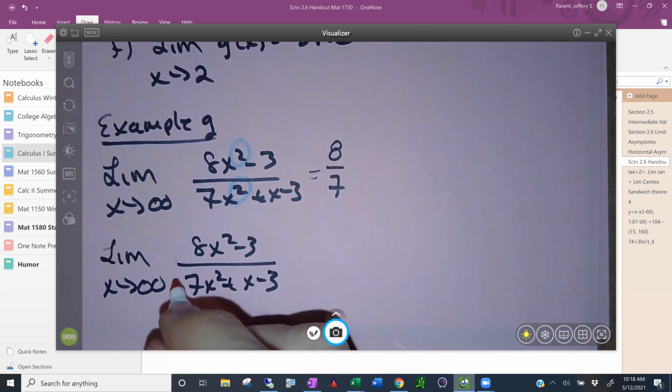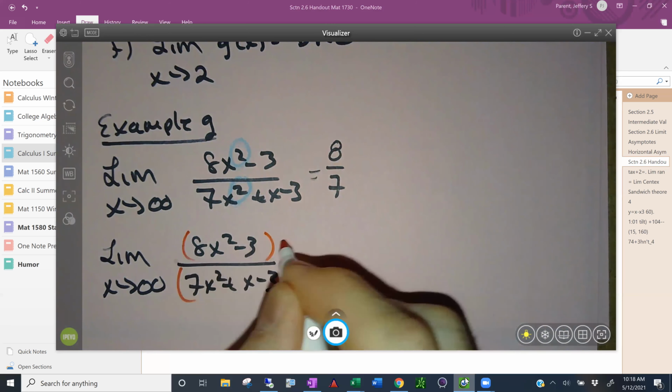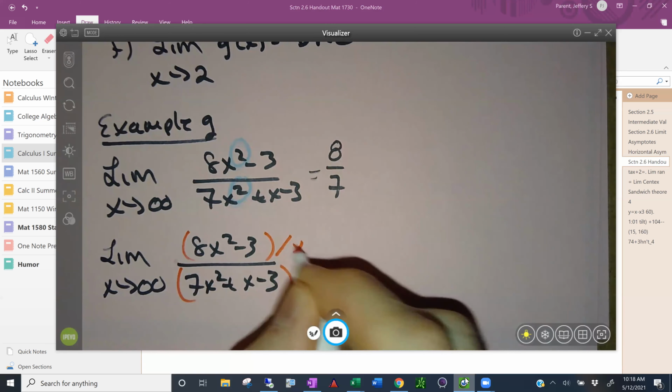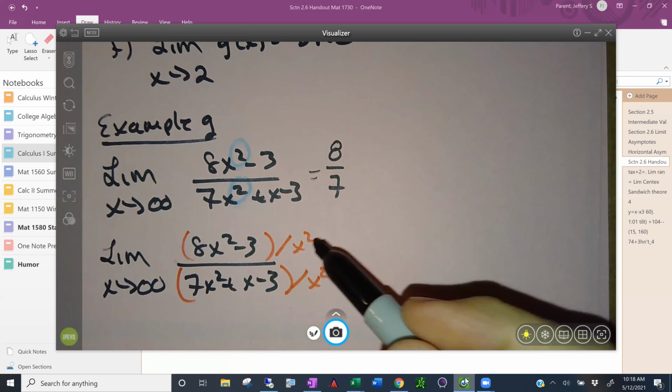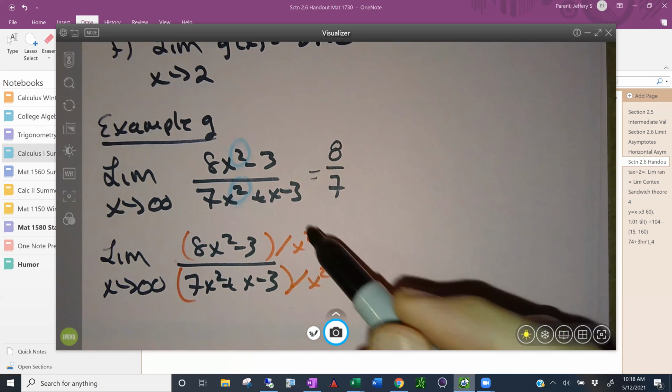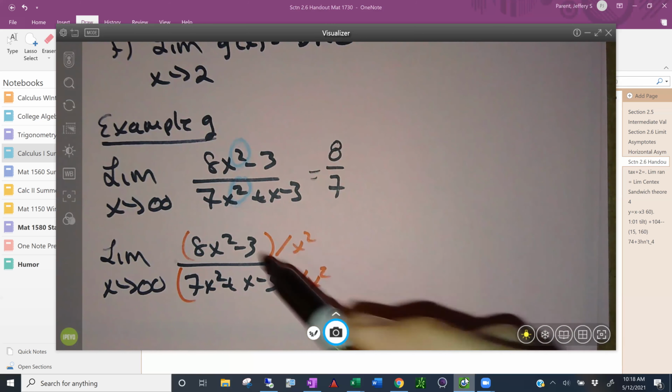So I'm going to divide everything here by x squared. And I have to do that in the numerator and denominator. I have to do it in both of them. So effectively, you're multiplying by 1 if you multiply by 1 over x squared divided by 1 over x squared, or if you're just dividing everything by x squared.